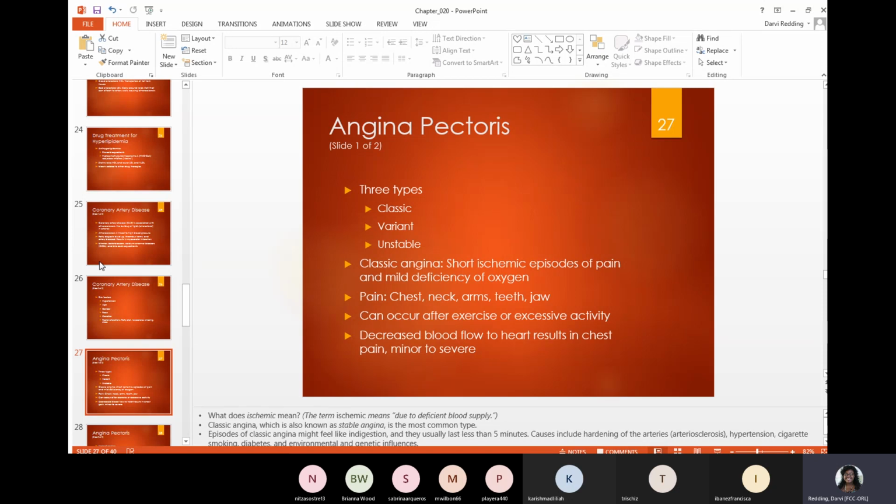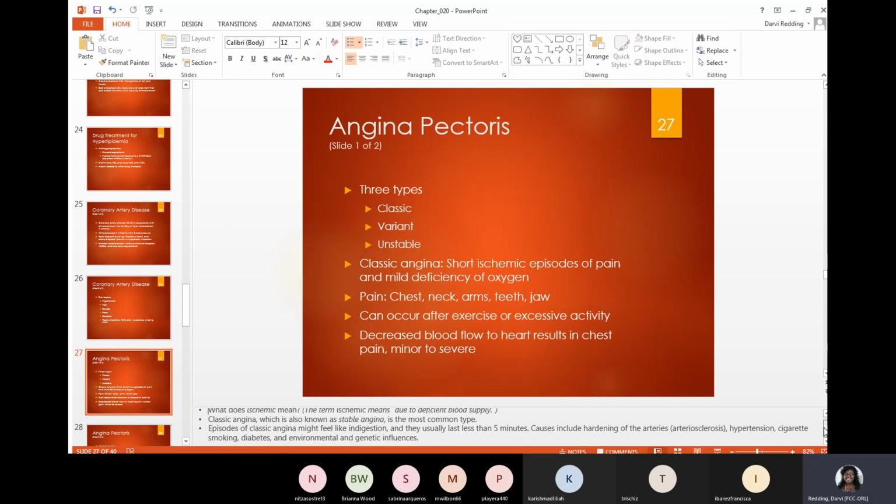Episodes of classic angina might feel like indigestion, and they usually last less than 5 minutes, and this can include hardening of the arteries, a person experiencing hypertension or cigarette smoking, diabetes, or some environmental and genetic influences. So these are some episodes of the angina.